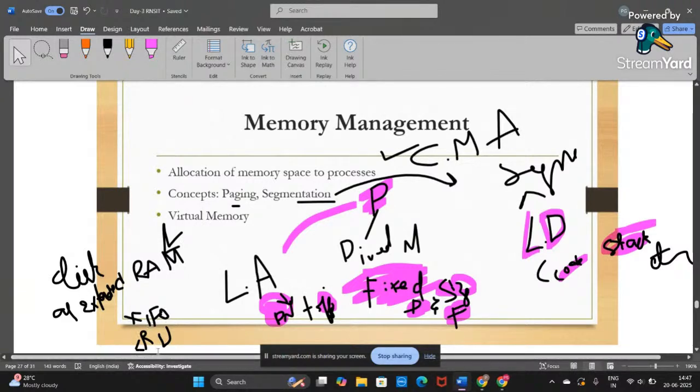FIFO means first in, first out. LRU means least recently used.